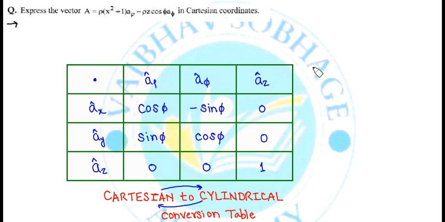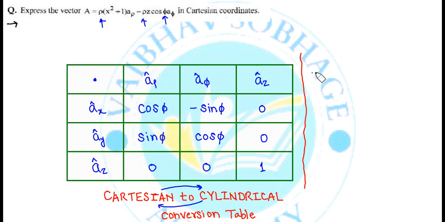Besides that, we also have to make use of the values of x and y and z. Since we are given this in the cylindrical system, we have rho, then phi, and then z.